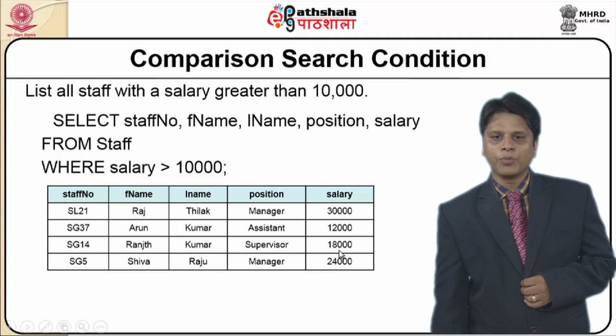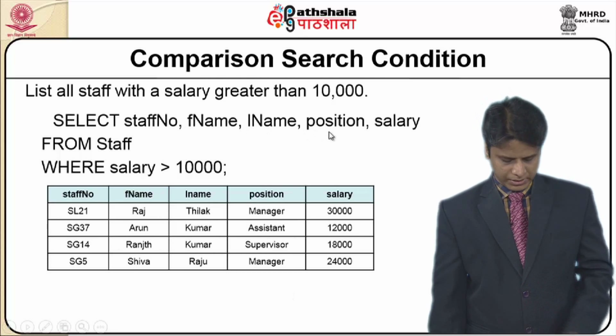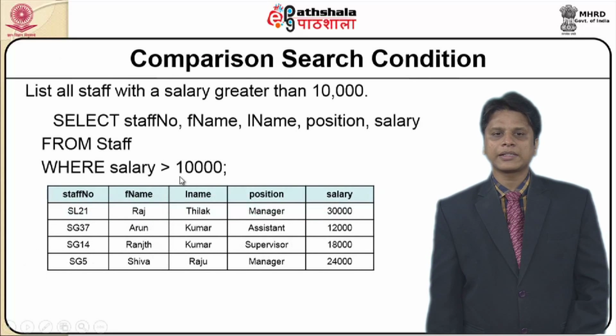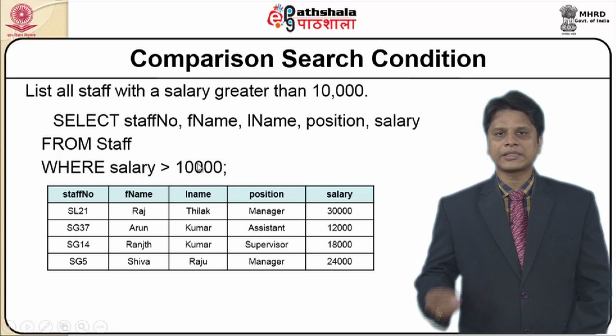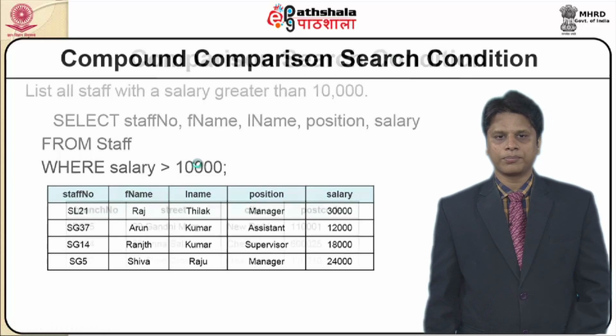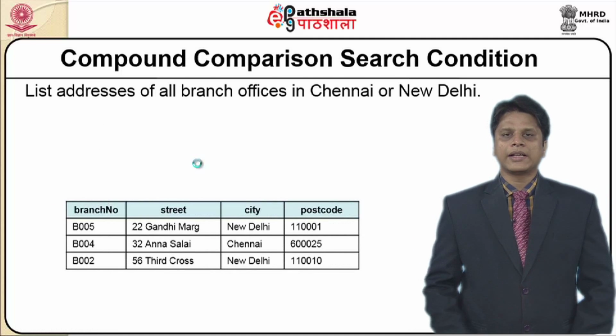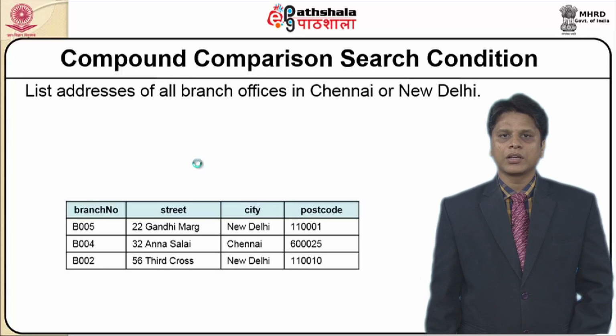Anything that is more than 10,000 alone is presented here, with all the individual records and a complete list of columns. So we may use a comparison operator such as greater than or equal to, less than or equal to, or salary equal to 10,000. All these operators can be checked. That was a simple comparison condition.